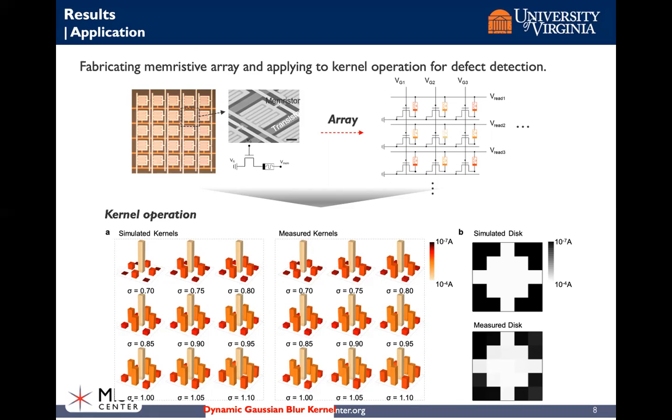We were able to set those weight values using the one-transistor, one-memristor array to operate the algorithm by applying different gate voltages to the system. So we were able to demonstrate the target values using the hardware as we simulated, as you can see from the figures below.